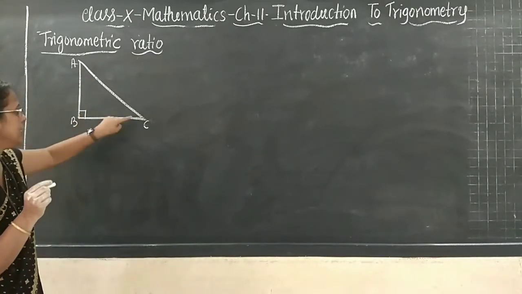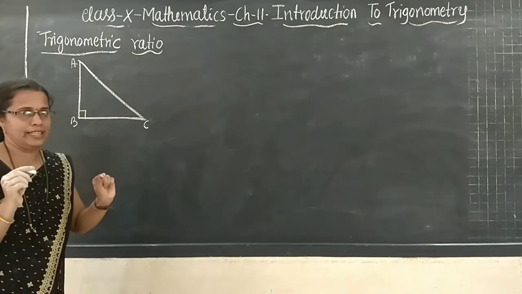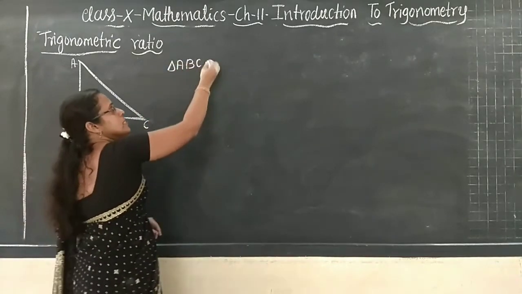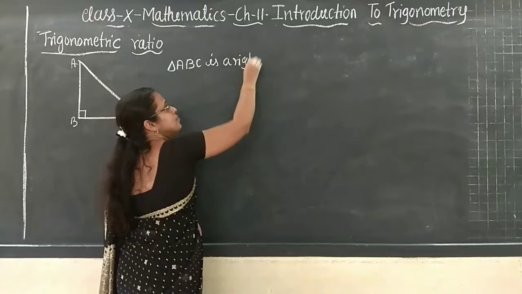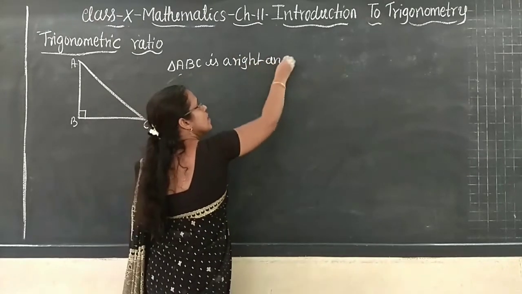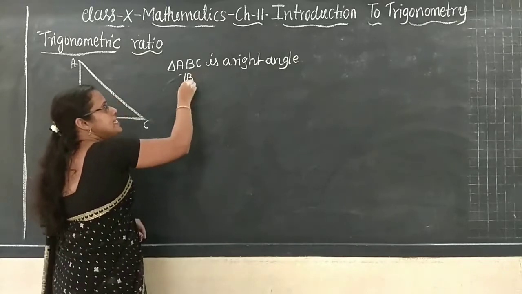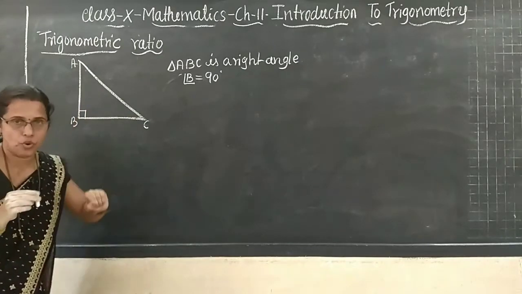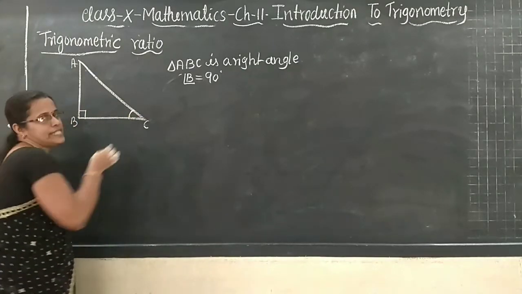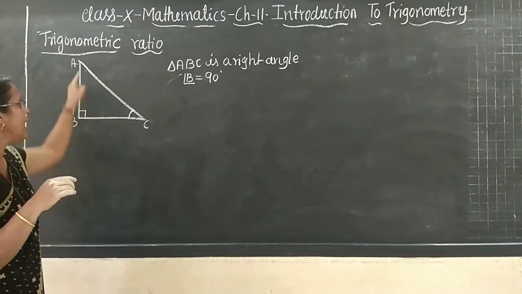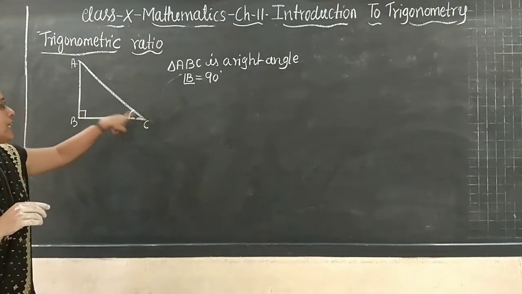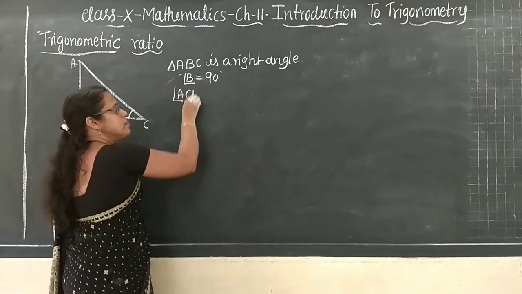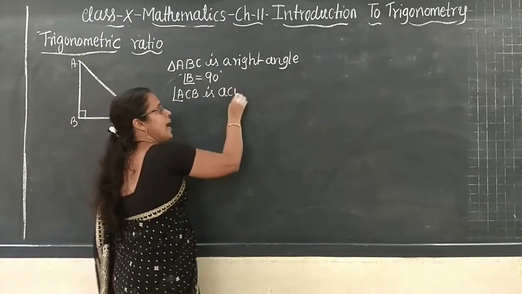This is 90 degrees, which means the other two angles are acute angles. Now triangle ABC is a right angle triangle where angle B is 90 degrees. Angle C is an acute angle. Angle ACB is an acute angle with respect to the right angle.